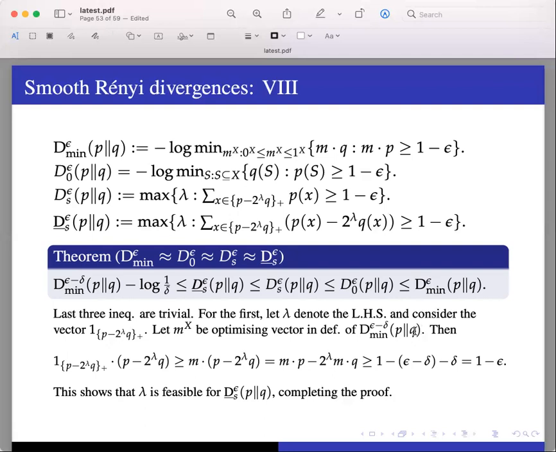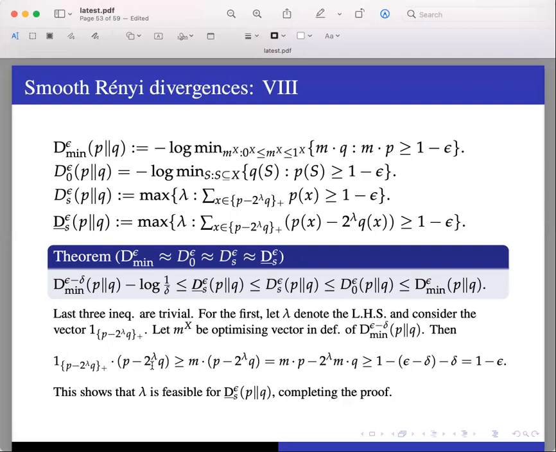Okay. So let's see, what do we have? Look at this vector p minus 2 to the lambda q. There are some positive coordinates here, and there are some negative coordinates. Now what I'm doing is taking the dot product with this indicator vector.